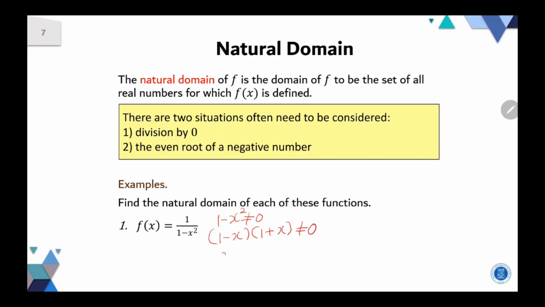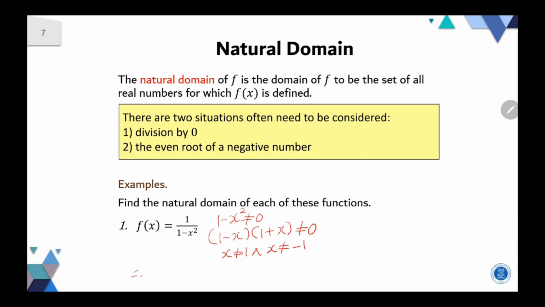So x should not be equal to 1, and x not equal to -1. Why? Because if we have two numbers being multiplied and the result is not supposed to be 0, of course, both of them should not be 0. Because if one of them is 0, of course, the multiplication will be 0.